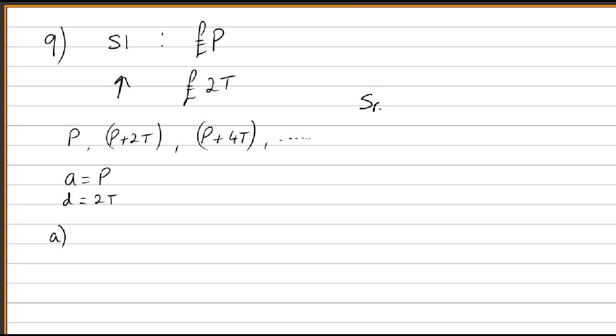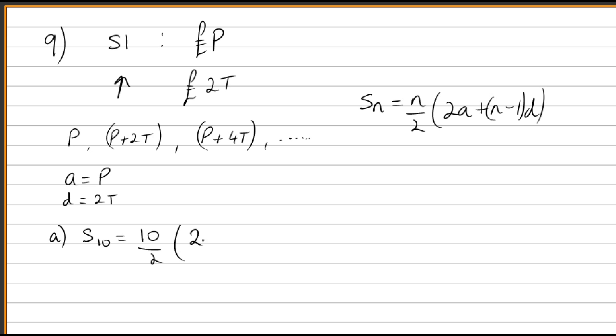And if you recall, the sum of an arithmetic progression can be written as n over 2 in bracket 2a plus n minus 1 lots of d. So the sum of the first 10 terms, well, n is 10 divided by 2 lots of first term, which is p, plus 10 minus 1 lots of 2t.